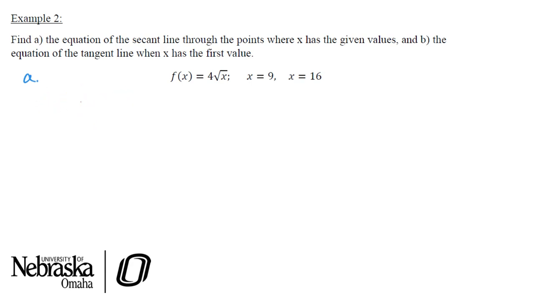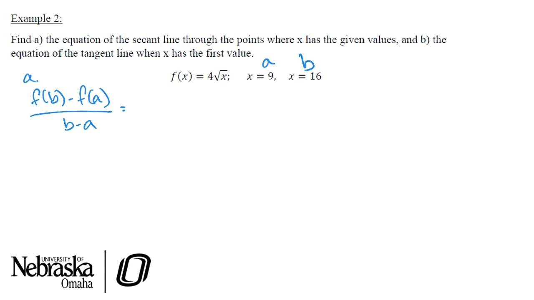Let's go back to our average rate of change equation. f of b minus f of a over b minus a. It really is the same thing. Okay, so we're going to plug in 16 for b. Okay, this is our b, and 9 is our a.